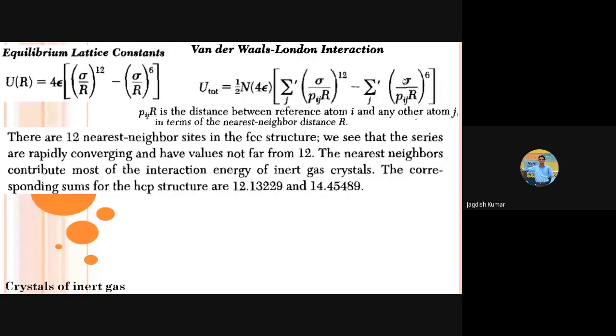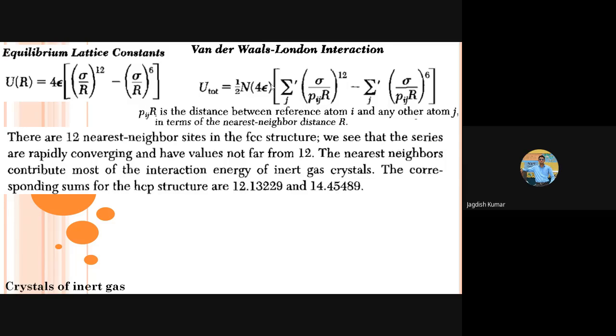Same is the case here. Pij is 1 for the nearest neighbor. You have to be a little careful. Sigma by r raised to the power 12 you can take outside.